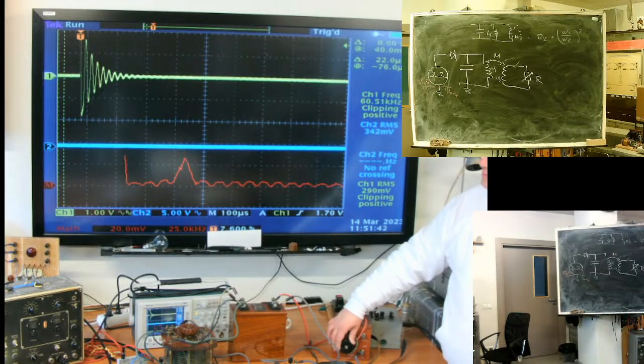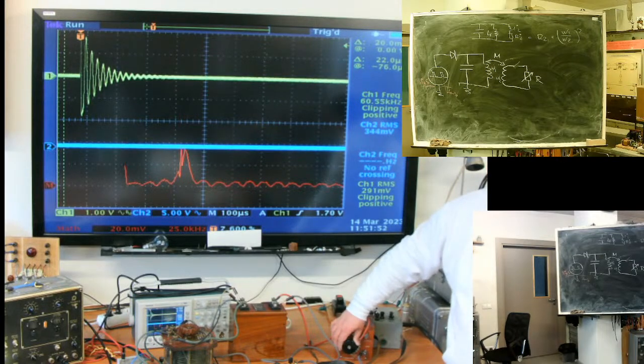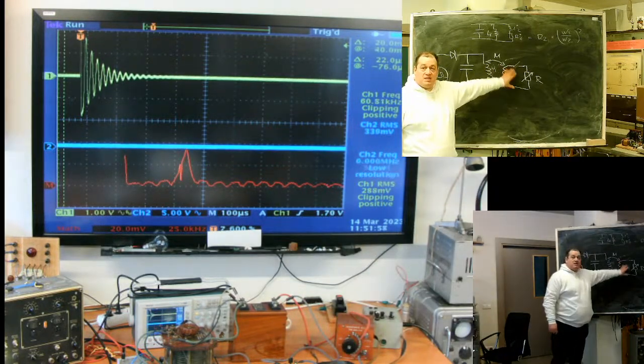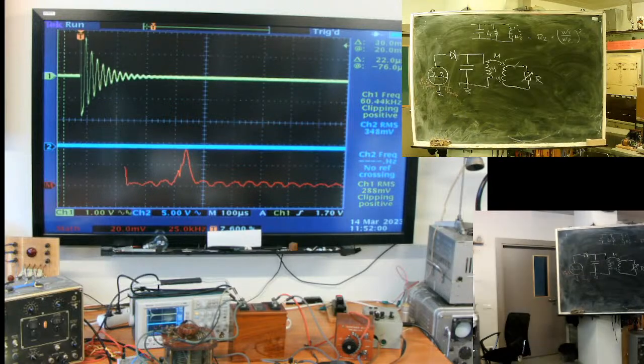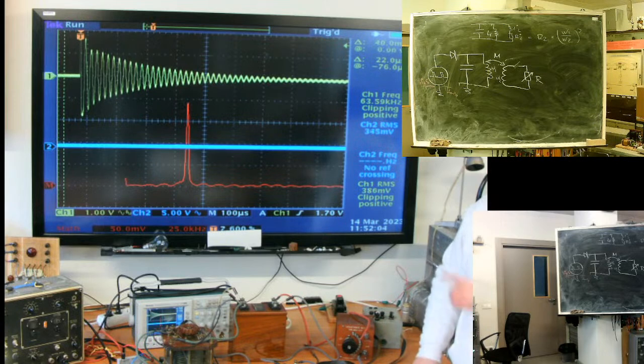Nothing here. You see, resistance at the secondary part. Higher resistance means lower decay. Because this part plays a smaller and smaller role. If I introduce infinite resistance, in case of the primary network, we see no oscillation.